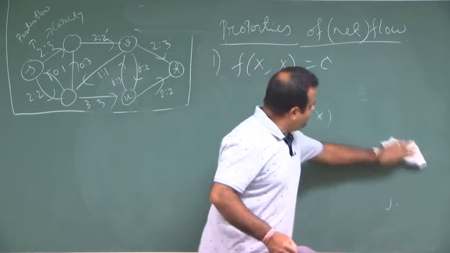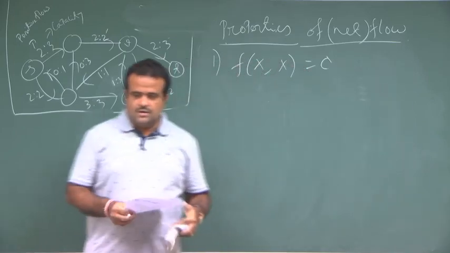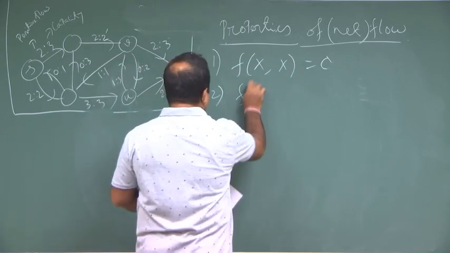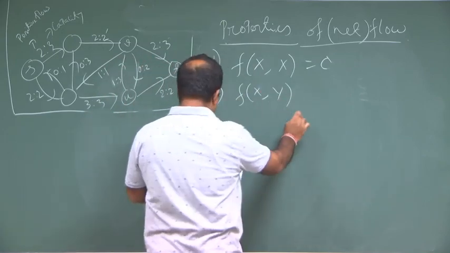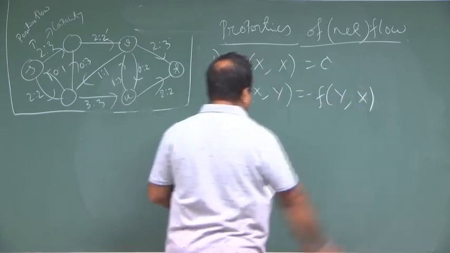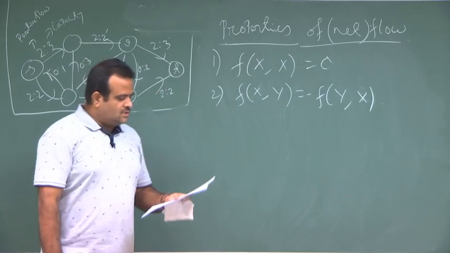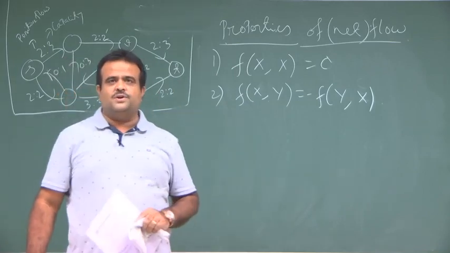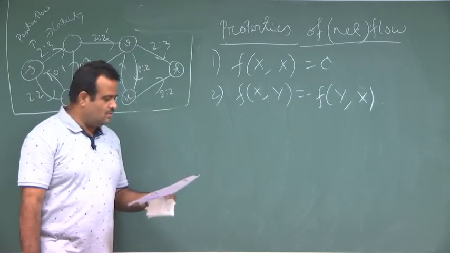Now, we have to be fast. Another property: f of x comma y is basically minus f of y comma x. This comes from the skew symmetric property of the net flow.